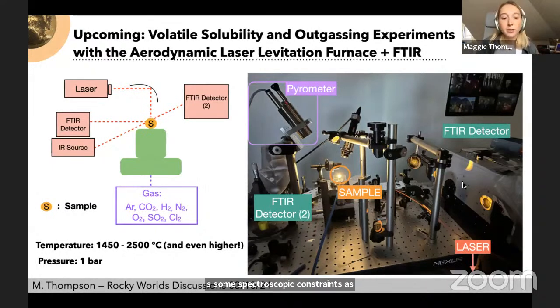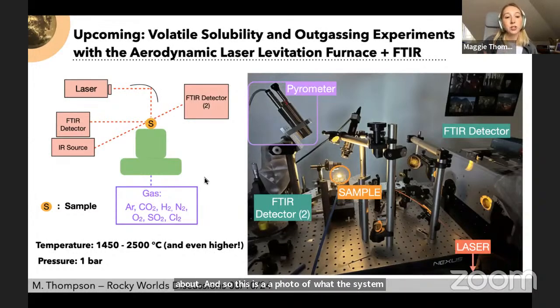So this is a system that's been developed by Paolo Sosi and others at ETH, which is an aerodynamic laser levitation furnace, or ALLF for short, connected to one of these FTIR, so infrared spectrometers that we just were talking about. And so this is a photo of what the system actually looks like in real life on the right, and then a little schematic.